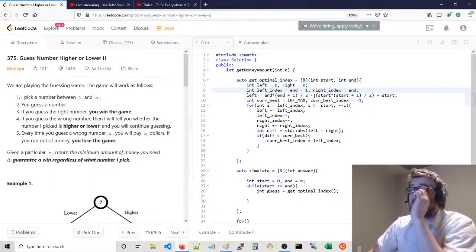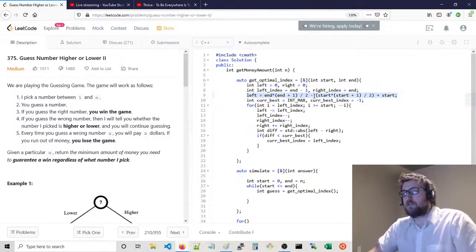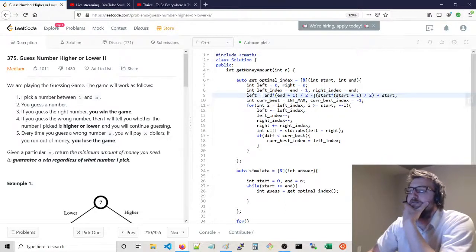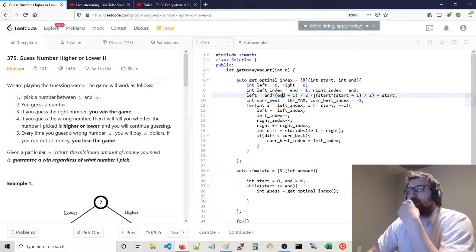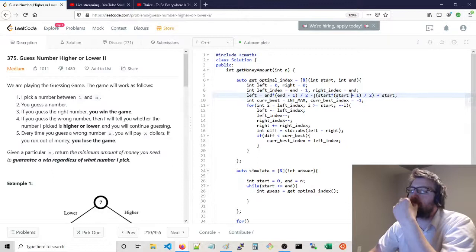Right n-1, right side 0, left starts off like this. Well, that's okay. It's actually a little different than that. Yeah, by the way, you could just subtract 1.